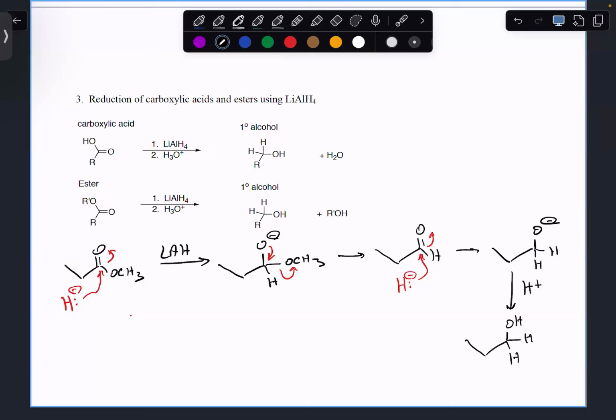So the bottom line is you can get primary alcohols from the reduction of aldehydes, from carboxylic acids, and from esters. They all reduce to give primary alcohol. All right, so now let's look at some examples here.